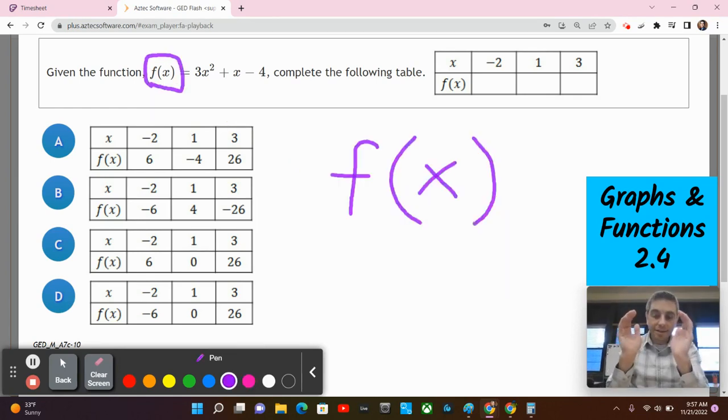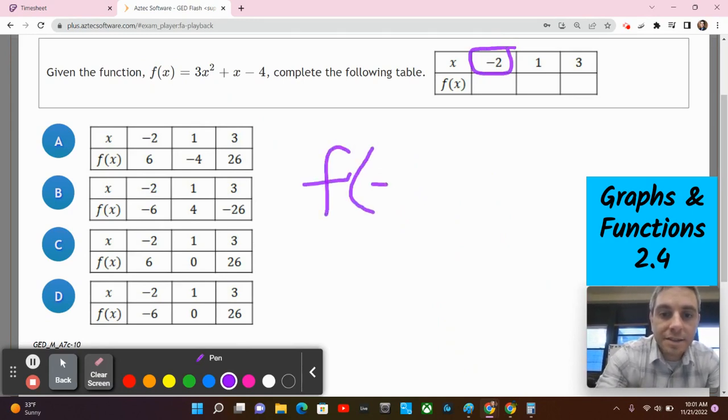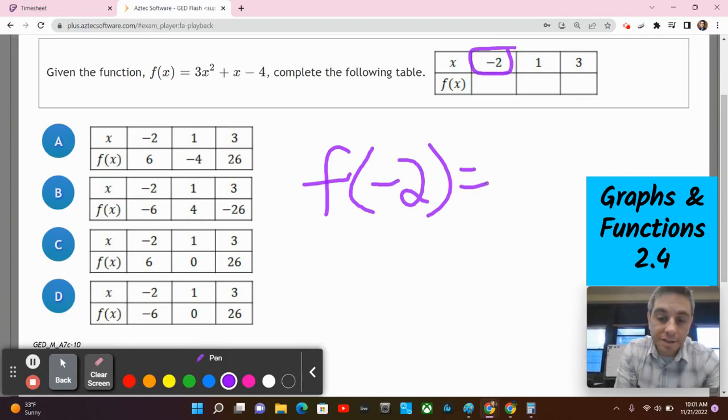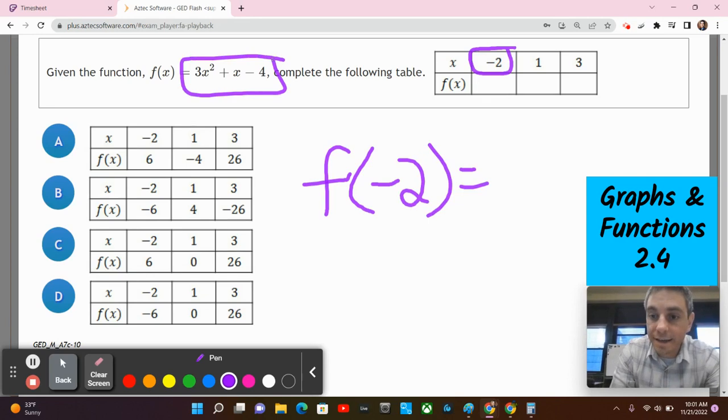The letter X is the changeable value of the equation. And when x is negative 2, what that would look like would be like this: F of negative 2 equals, and then every time we see an x, we would change that x to negative 2 and solve it.